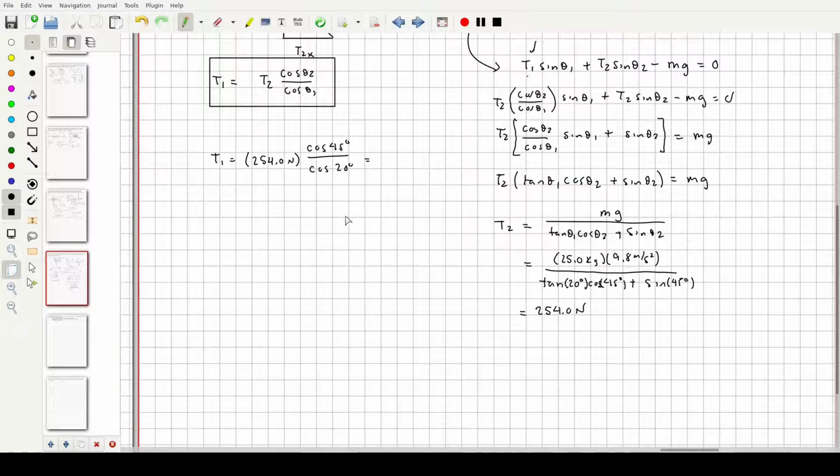Okay. So for this one, I get 191.1 or 191.2 actually.